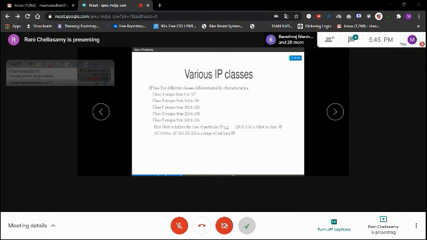It falls in class B, whose range is from 128 to 191, so you can easily say this is a class B address. And 127.0.0.0 to 127.255.255.255 is the range of the loopback address. We call that particular address the loopback address.